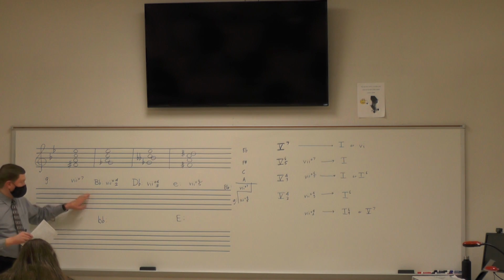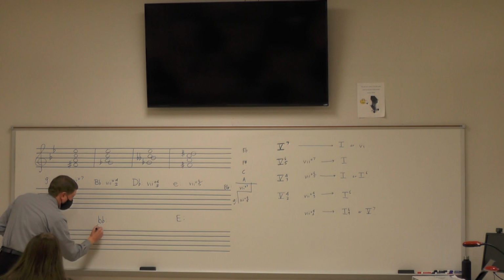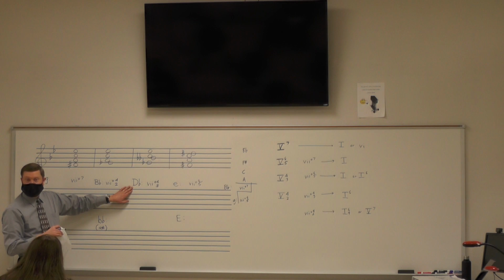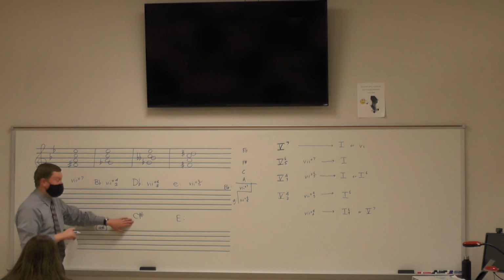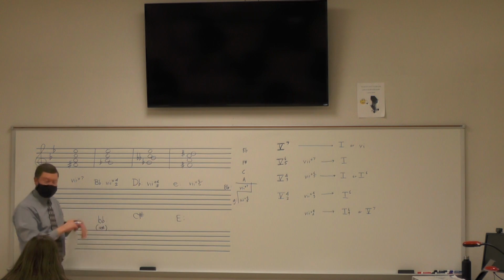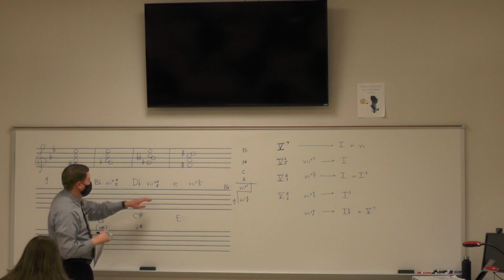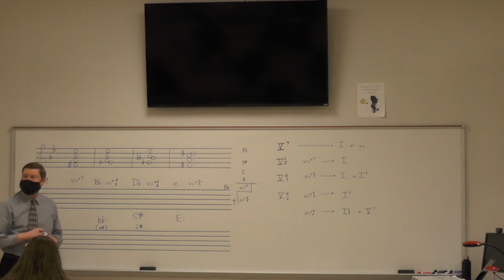No. But is A sharp minor a key? Yeah, the enharmonic respelling. Okay. Is C sharp major a key? The enharmonic respelling. Yeah, it is. Is C sharp minor a key? Yeah, it is. And then enharmonic respelling of these keys is not going to give us anything that's real.